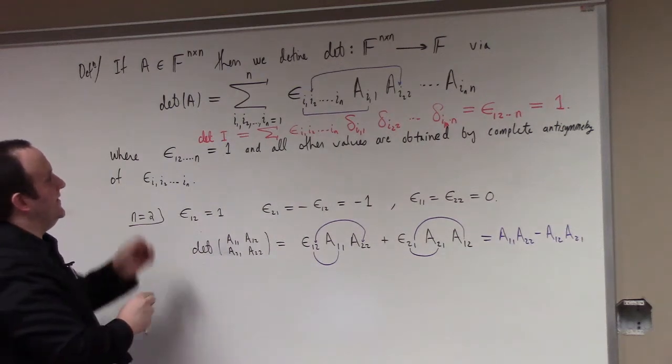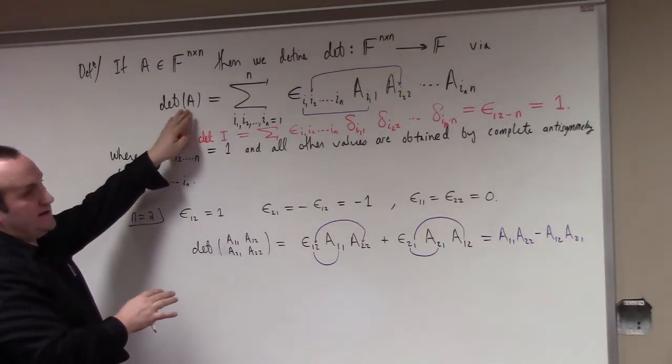Another thing you could say is that this mapping is linear in each column.